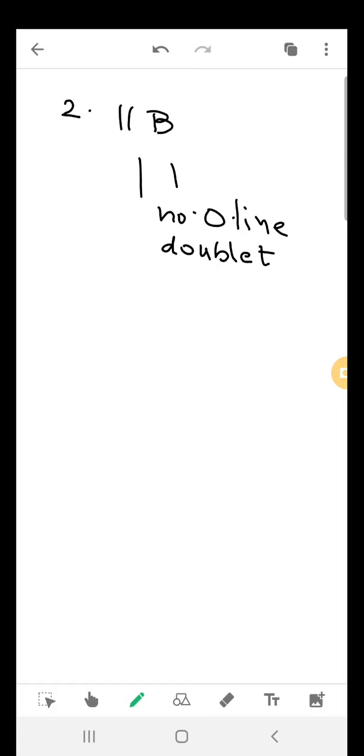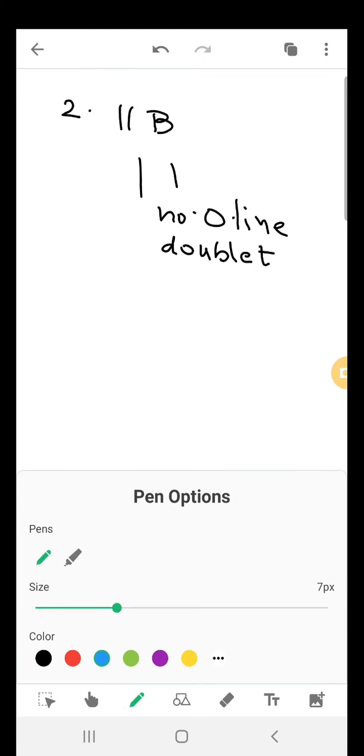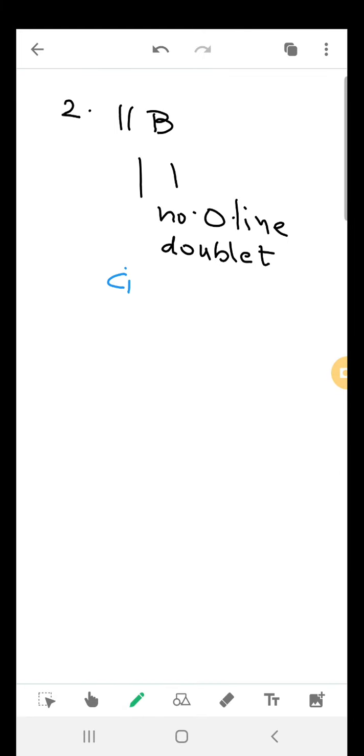These two lines are also circularly polarized in opposite directions.